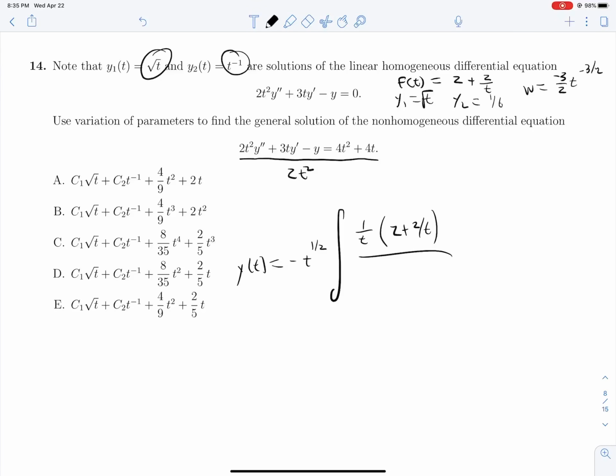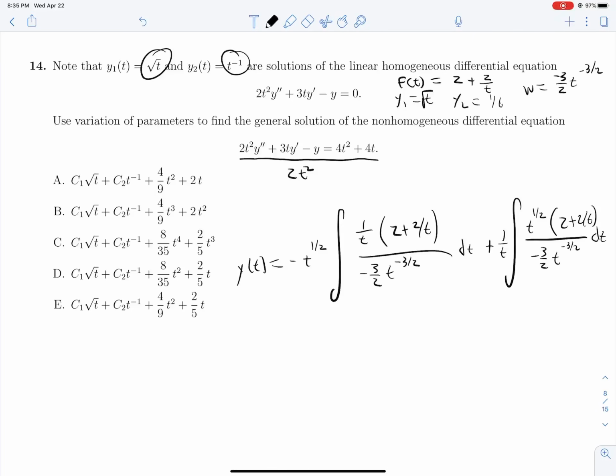All of that is divided by our Wronskian, negative 3/2 t to the negative 3/2 dt, and then we're adding y2, 1 over t times the enormous integral. We still have the negative 3/2 t to the negative 3/2. And then on top, instead of y2, we have y1, which is t to the 1/2, and we're multiplying that by f of t yet again, so 2 plus 2 over t.